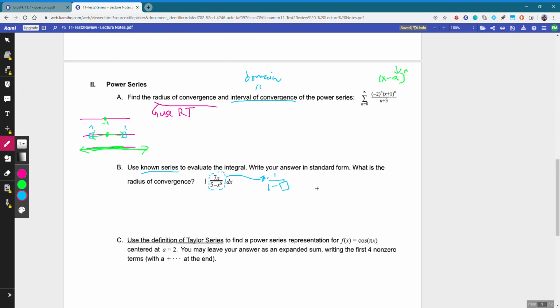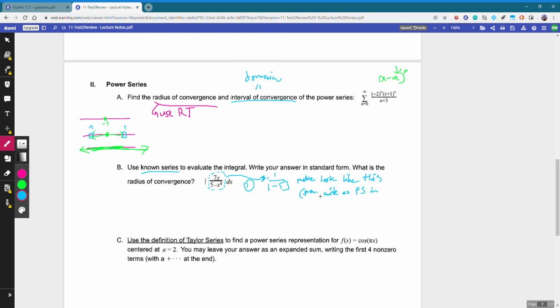And so here, since we're trying to evaluate the integral, we have 2 steps. First step is to make this thing look like this, so that we can write this as a power series.